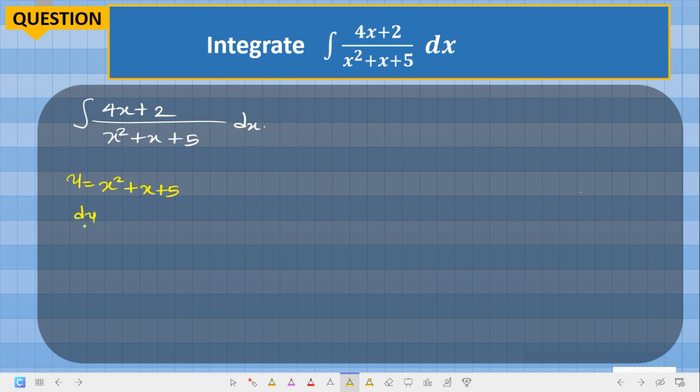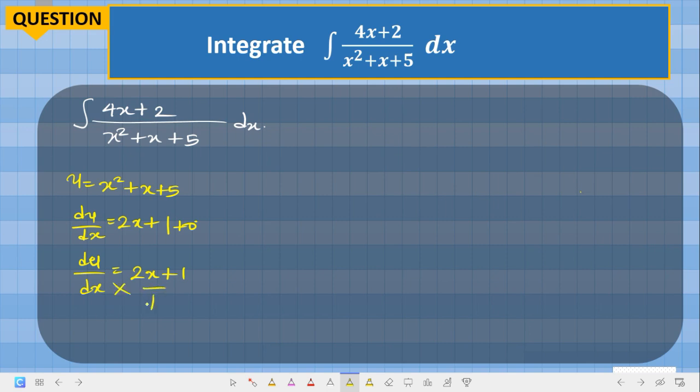So your du over ds is, differentiate s squared, it will give you 2s. Differentiate s, it will give you 1. Differentiate 5, it will give you 0. So our du over ds is 2s plus 1.